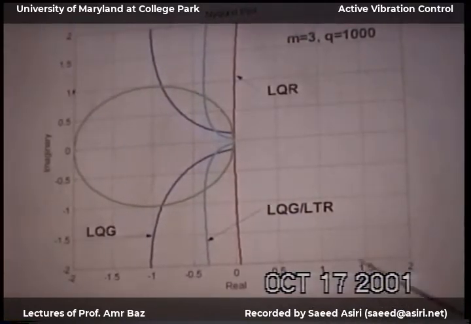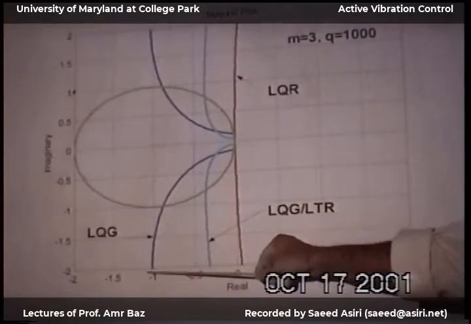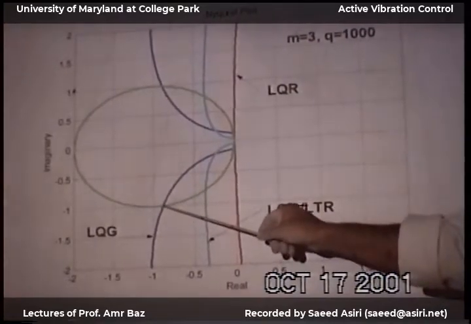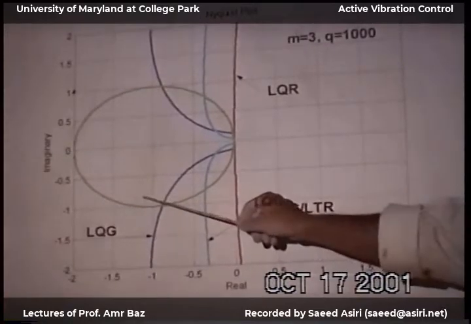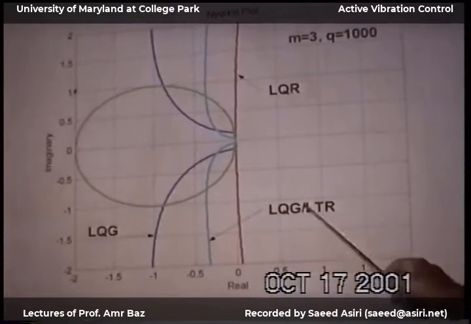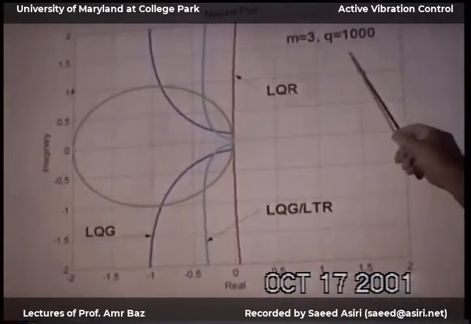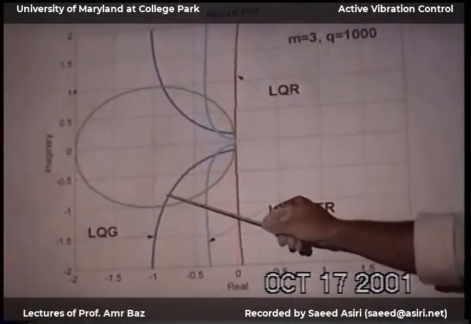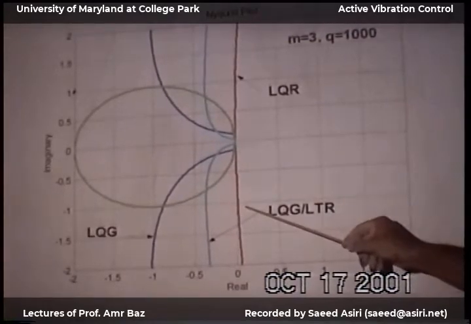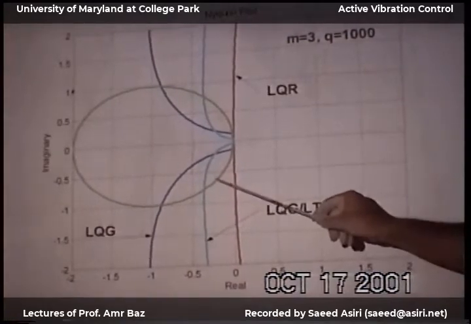The LQG, for any uncertainty, loses robustness and starts going inside the unit circle. The LTR, because this number is not big enough, tries to recover from this line to this line. Okay, but it's still not perfect.